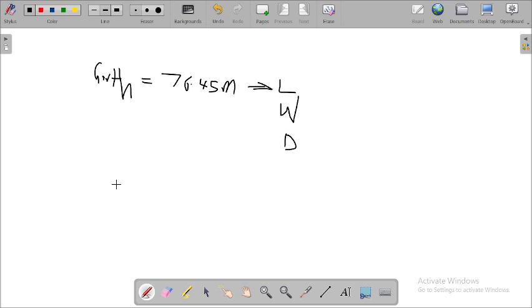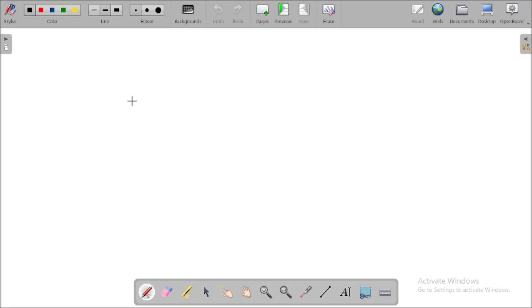Now since that is not provided, with that definition in mind, we can create a section for that foundation. So we'll be having something like this.